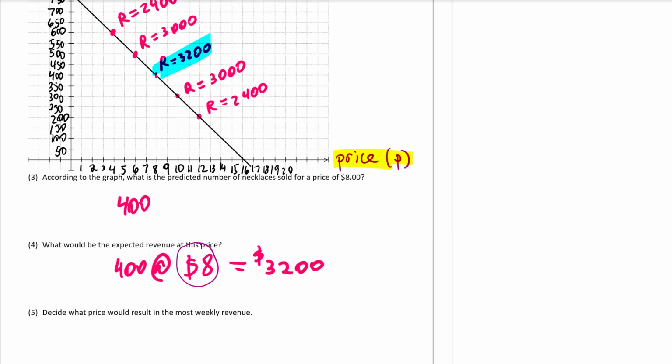So the assumption is that it will cost the person less than $8 to make it. Otherwise, you wouldn't be getting profit. Okay. So, but in terms of collecting the dollar amount from selling them at $8 a piece would be the best deal. Okay. So the best outcome in this situation.